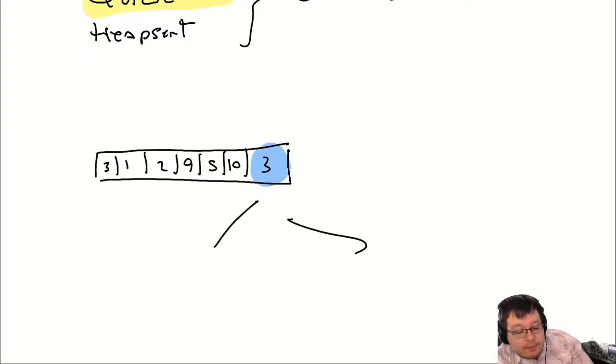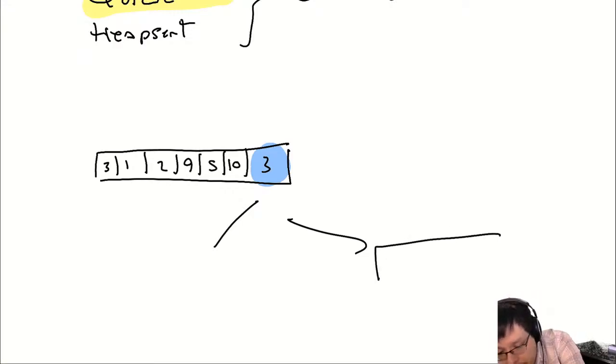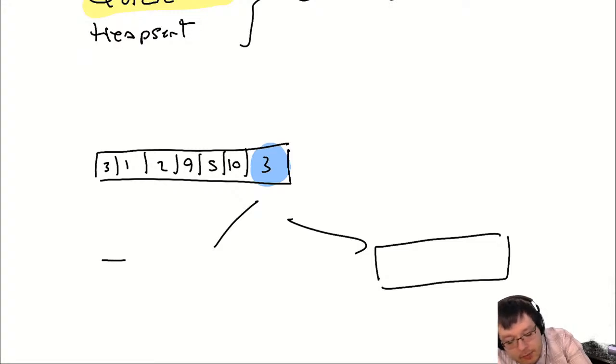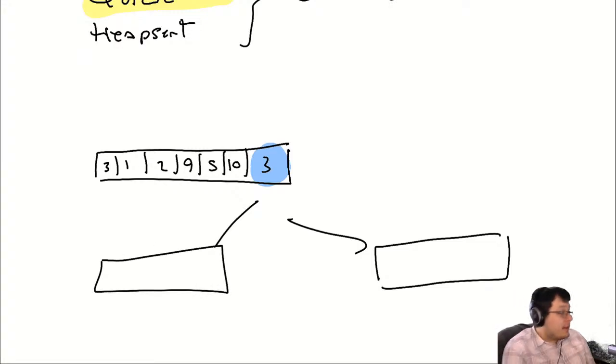3 is your pivot. So anything bigger than 3, I'm going to put in this sublist. Anything smaller than 3, I'm going to put in this sublist. Ideally, these will be the same size. Realistically, that's not going to be the case. It's very possible that one side is completely empty and one is full, such as if the pivot is the biggest or smallest element.